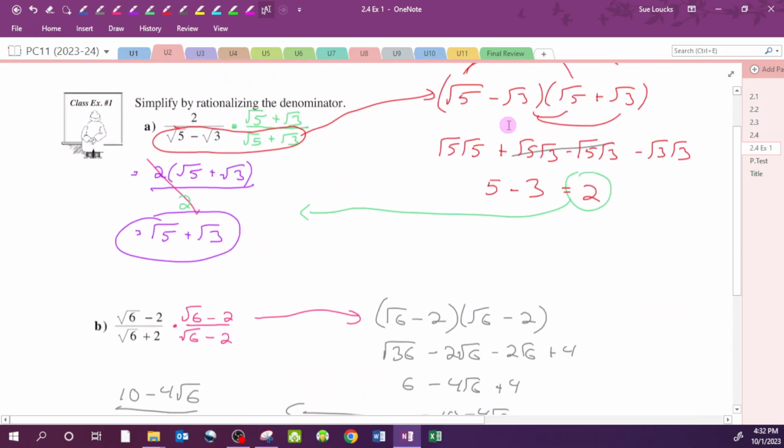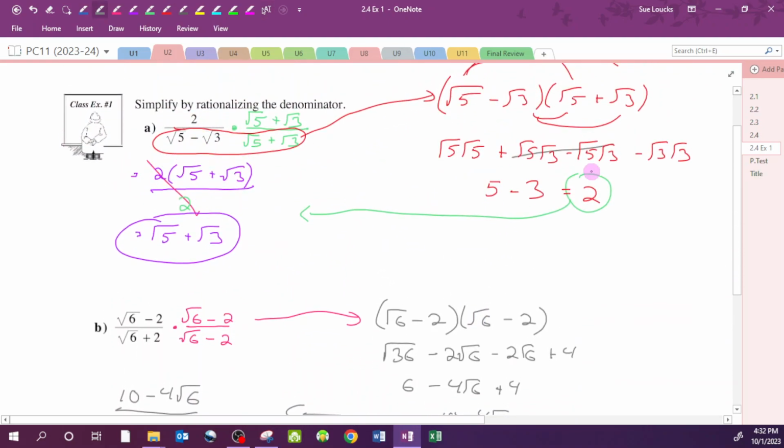Now, if you notice up here, I did the whole long thing, but if I had shortcut the denominator here, I would have root 5 times root 5 is 5, minus root 3 times root 3 is 3. So it's 5 minus 3, which equals 2. So eventually you're going to be able to shortcut the denominator because the reason we're picking the conjugate to multiply it by is so that that simplification happens and those middle terms with the radicals in them disappear. Therefore, our denominator is now rational.